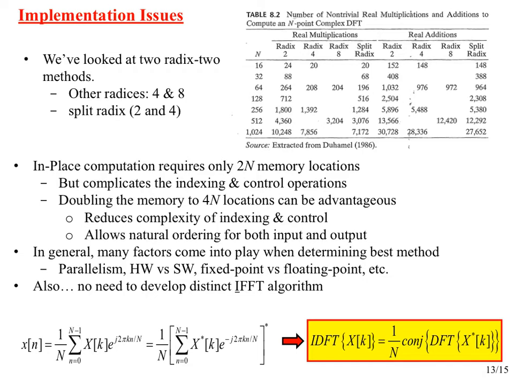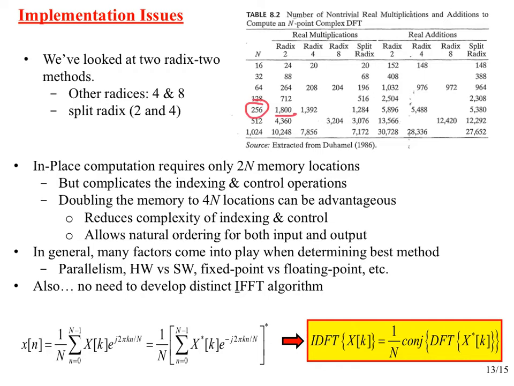So you can see some of the trade-offs here. If say we're looking at an n of 256, if we do Radix-2, we have 1,800 real multiplications.